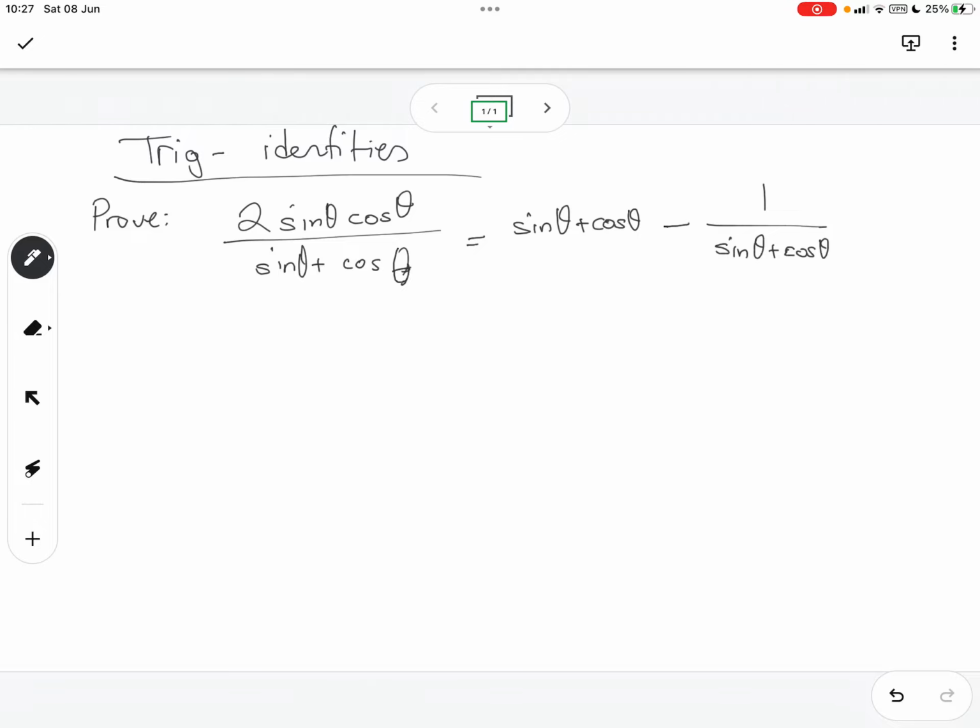And secondly, you can simplify both sides until you feel they look the same, and always use your quotient and square identities when it's necessary.